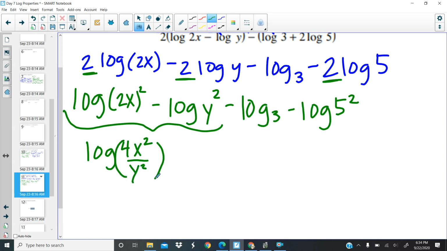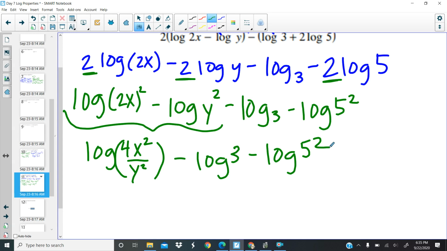So at that point you have those two combined into that, and then minus log 3 minus log of 5 squared. So then if you need to subtract another log 3, then it would be like 4x squared divided by y squared, and then that whole thing needs to be divided by 3.